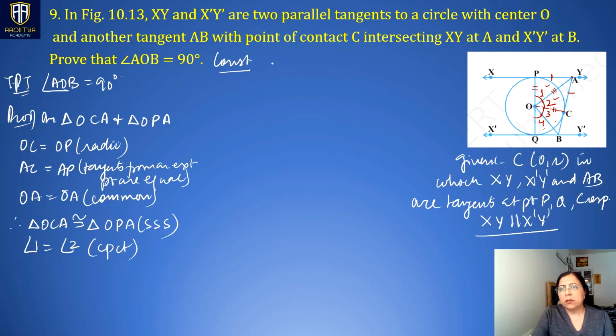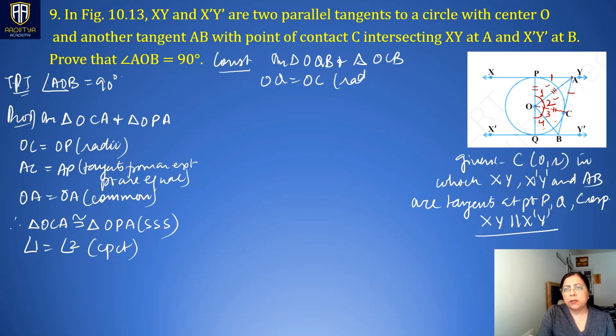Similarly, we can start with these two triangles. In triangle OQB and triangle OCB, first of all, we have OQ is equal to OC, both are radii. Then we have BQ is equal to BC, they are tangents from an external point, so tangents from point B are equal in length.